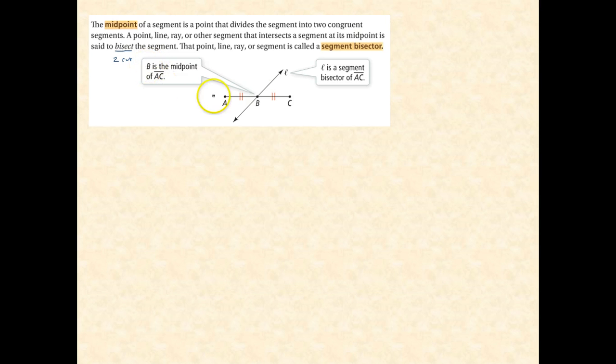So bisect means to cut it into two equal parts, meaning you're cutting it into two congruent segments. So whatever that line or point or ray is, we can call that the segment's bisector. So B is the midpoint of AC, and the line L is a segment bisector of segment AC.